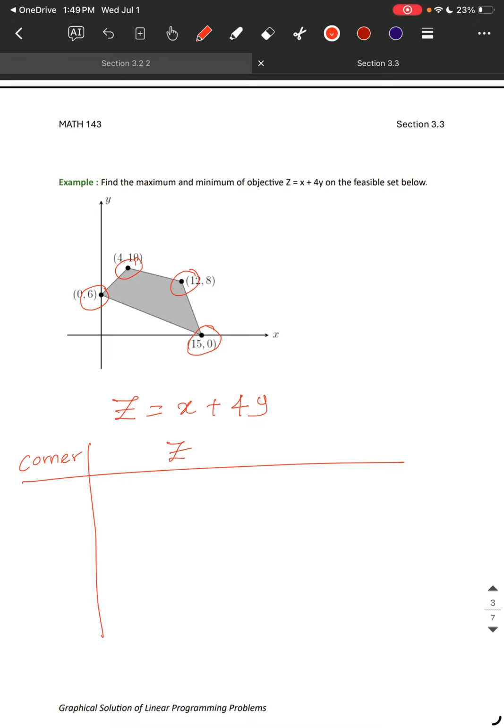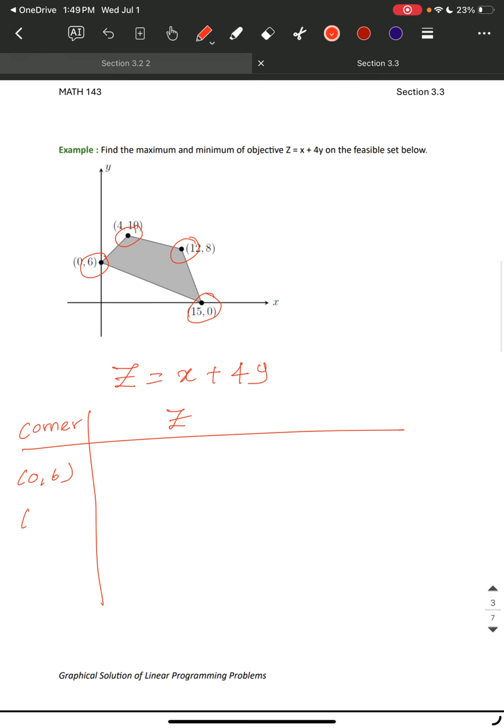The points are 0, 6; 4, 10; 12, 8; and 15, 0. So z equals 0 plus 4 times 6, 24.